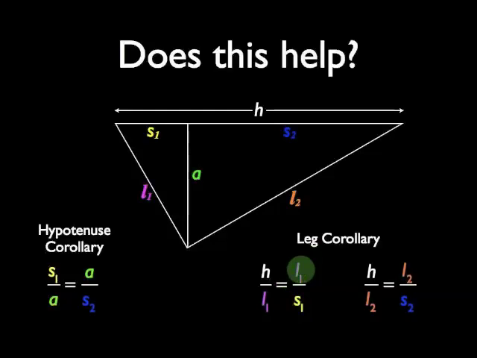So the short leg, shorter segment. And if we look at the other leg here, the longer leg is going to be the geometric mean of the entire hypotenuse and the longer portion of the hypotenuse, which will be adjacent to the longer leg. Again, I don't know if that helps, but having this in your notes might help you set up your proportions until you get used to them.